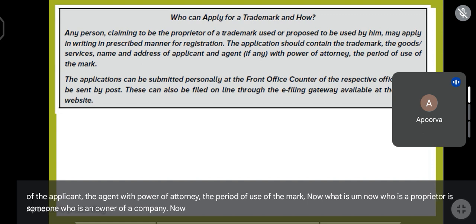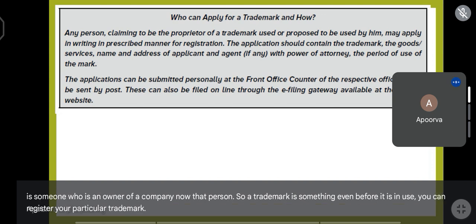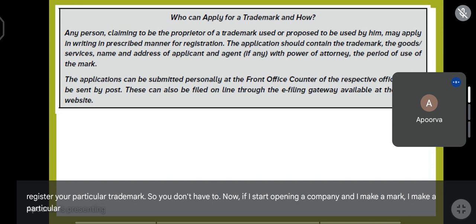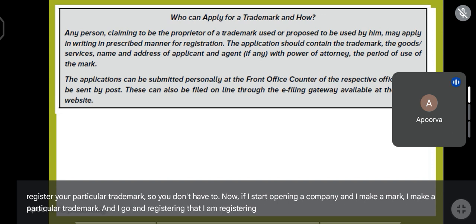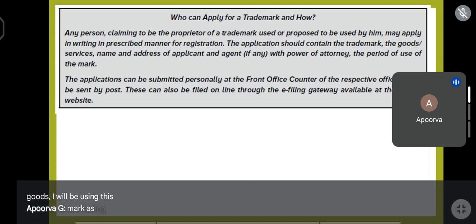Now, a trademark is something that, even before it is in use, you can register. If I start opening a company and I make a particular trademark, I can go and register it, saying that in future, when I start selling goods, I will be using this mark as my company logo.